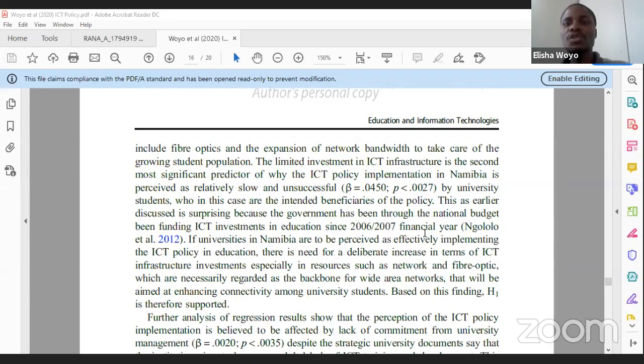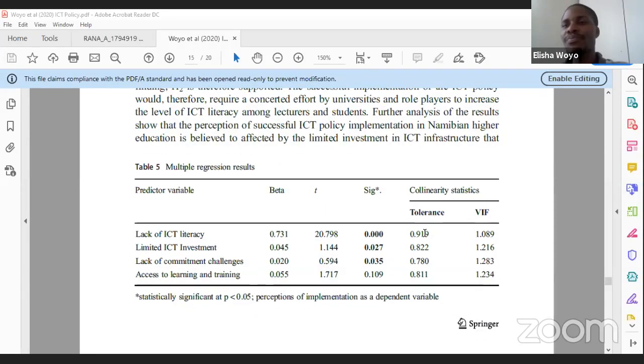Okay, even in this one, what we did is we had to run multiple linear regression. What we are saying here is that this was a factor that we identified. So we are now looking at how lack of ICT literacy predicts implementation of an ICT policy.